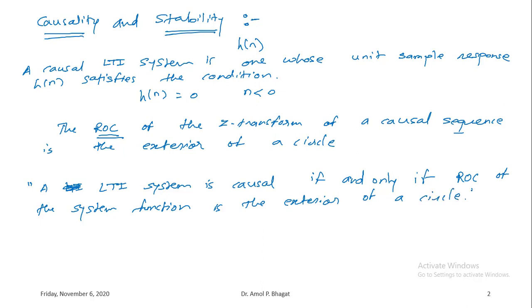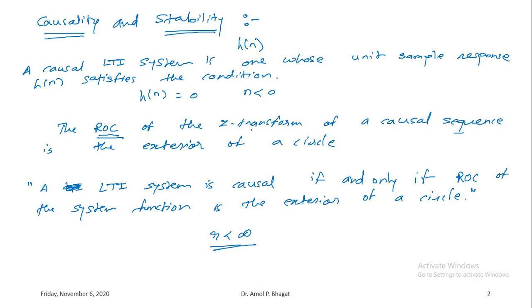Okay, basically this circle should have radius r that should be finite. So whatever circle you are plotting for ROC, that circle should have radius less than infinity. That means it should be a finite radius circle, right?